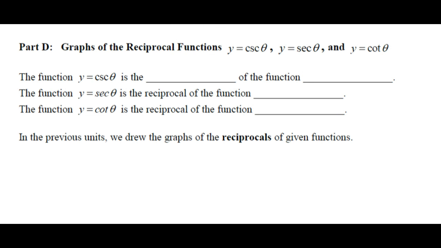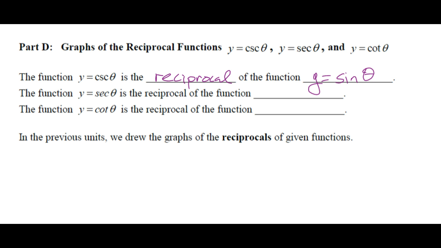Graphs of the reciprocal functions. Okay, so we're going to do cosecant and secant and cotangent. So cosecant is the blank of the function what? It's the reciprocal of the function sine. Why sine? Because each pair only has one co, right?